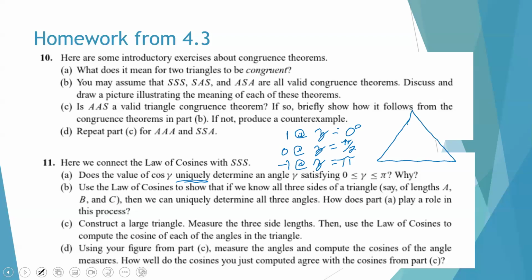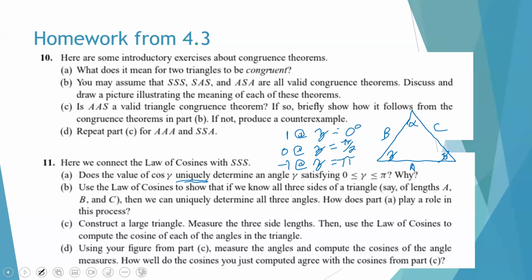I need a big triangle. This is side A, and let's make A opposite alpha. And then this will be B, because this is going to be beta, right? And then this is going to be gamma, opposite C.